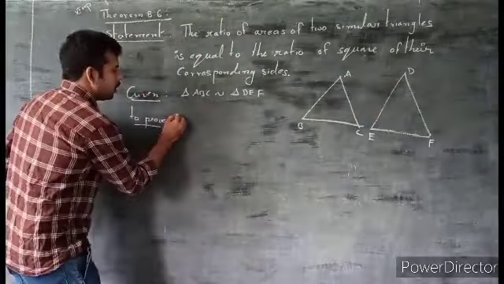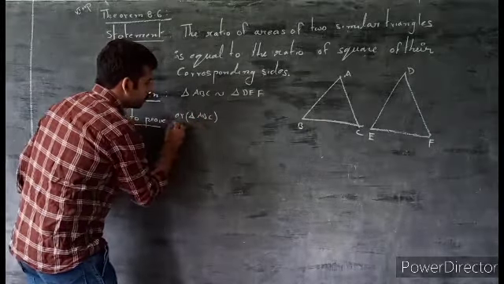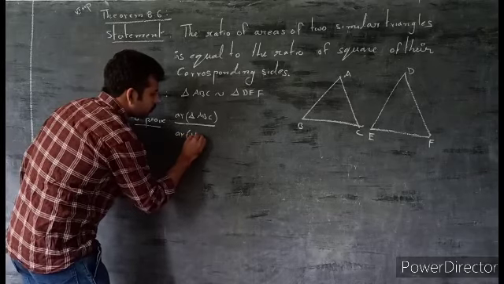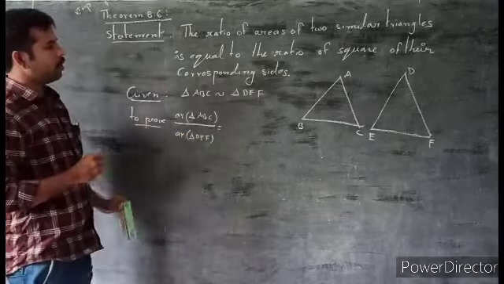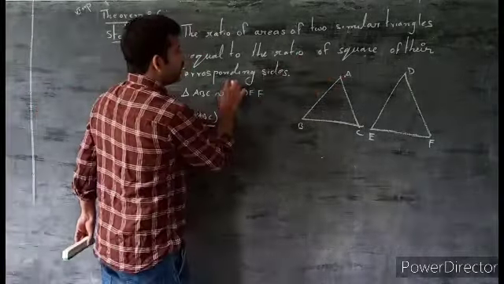So area of triangle ABC by area of triangle DEF is equal to the ratio of the squares of the corresponding sides.